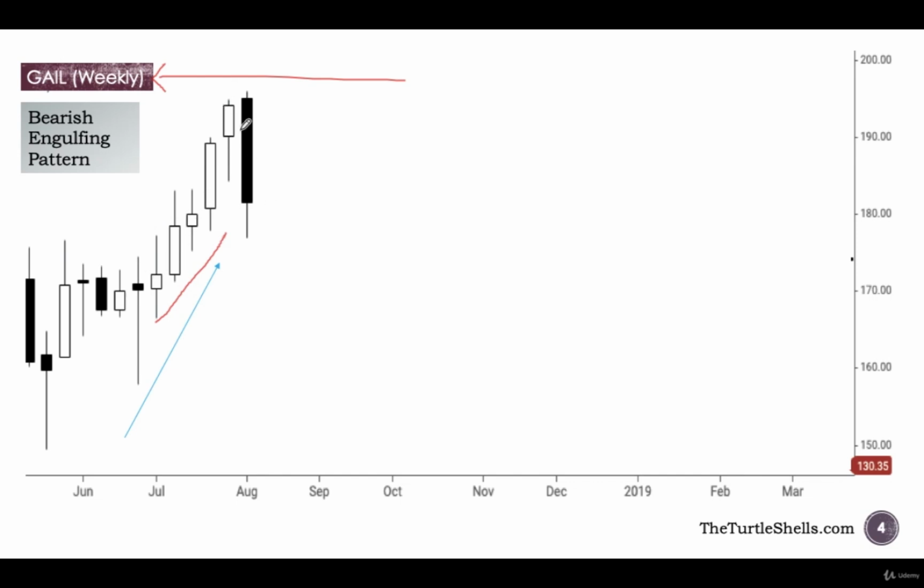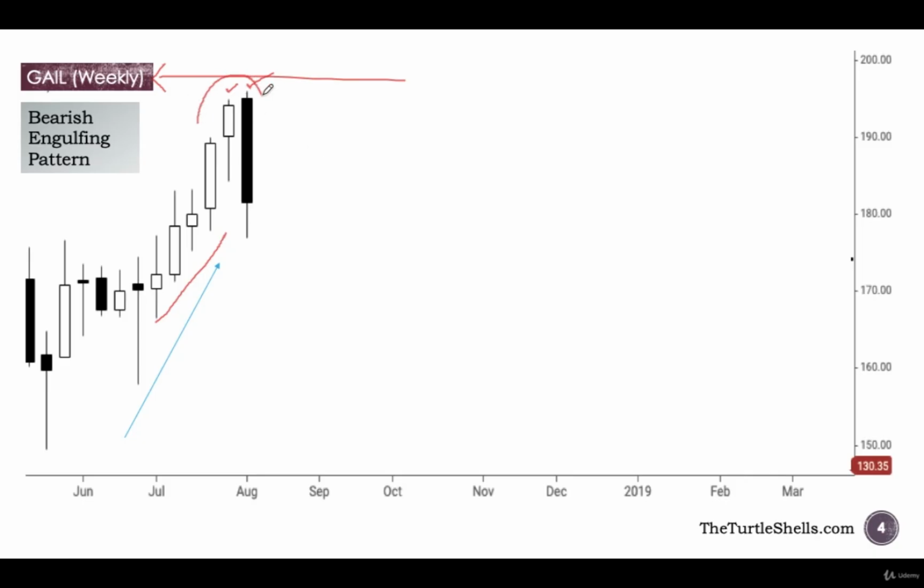Five bullish candles here, and suddenly you have a tall black real body, which is what I was discussing. If we compare these two candles, look at the big difference between these two candles. The tall black real body is completely engulfing the prior white real body, which indicates a clear shift in psychology.